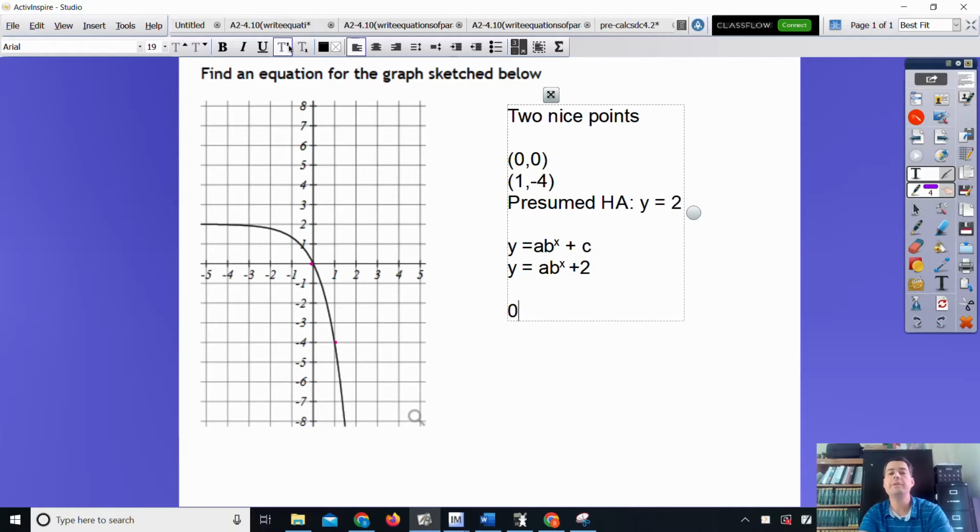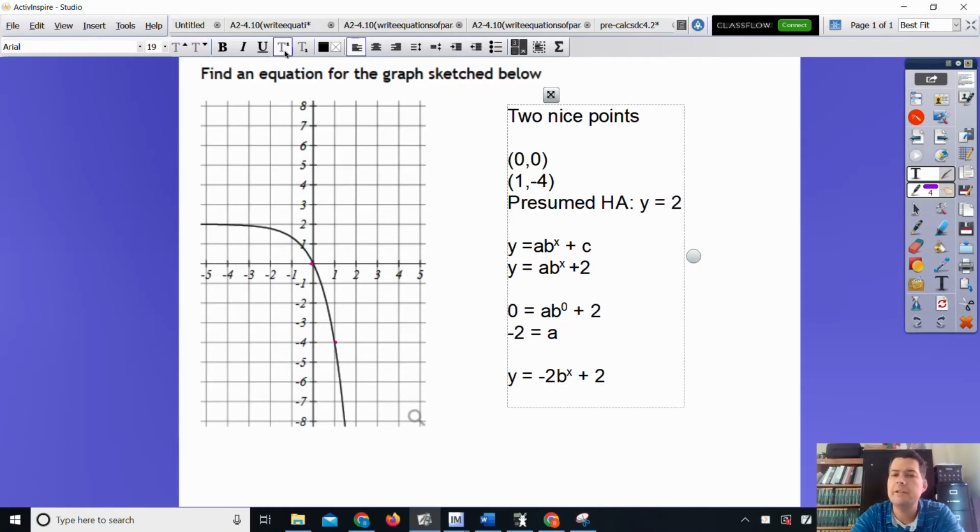That's got to be the easiest, right? Even if you have dyslexia, you can't mess it up. If we do that, we'll get -2 is a. Now I have -2 b to the x, add 2. Then use your other point.